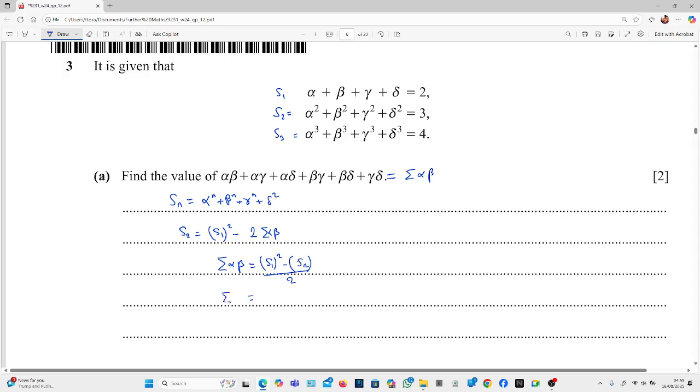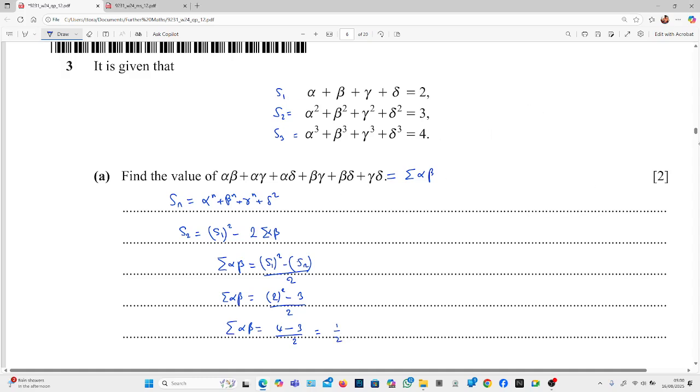So S1 squared we know is 2 squared, minus S2, and S2 has been given as 3, and we divide this by 2. So then we have the sum of alpha beta is equal to 4 minus 3 divided by 2, which is then half. So that's the first part of the question.